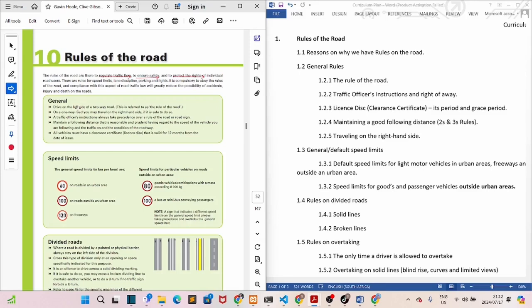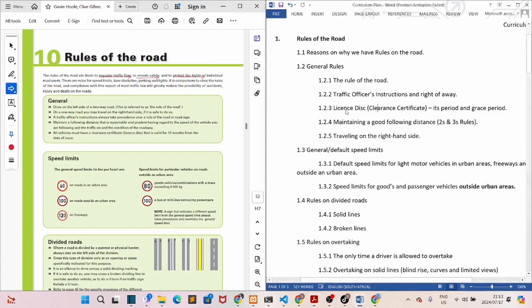What that means is they are the ones who can actually break the rules. An example would be if you are in a non-stopping area and the traffic officer says you must stop, you should stop because they tell you. All right, moving on.